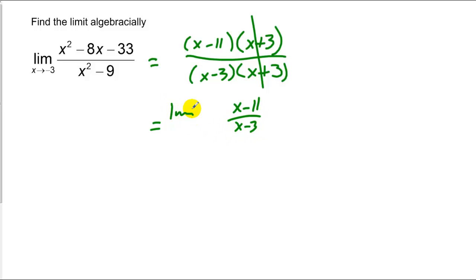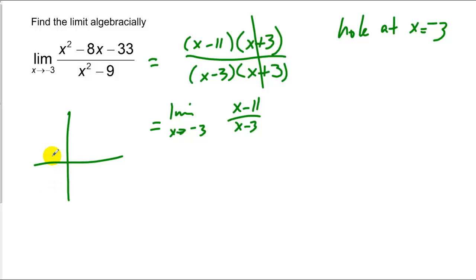We're trying to find the limit as x approaches -3. We know there's a hole at x equals -3, and if I want to find out where the graph of this function is, keep in mind this is going to be some kind of a rational function where I have a y-intercept of a little bit over 2.